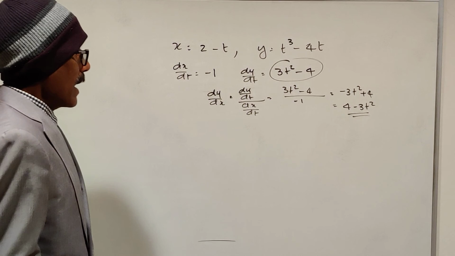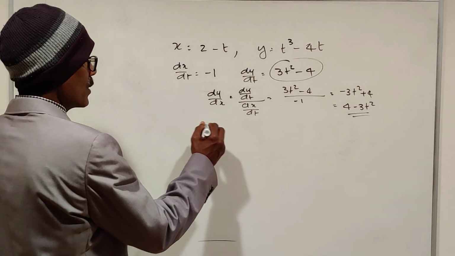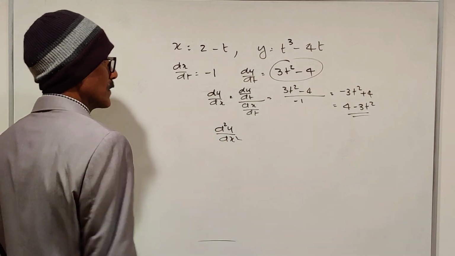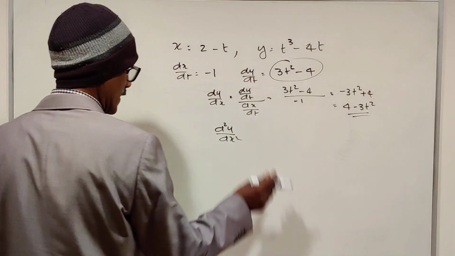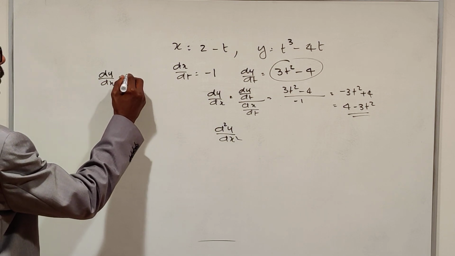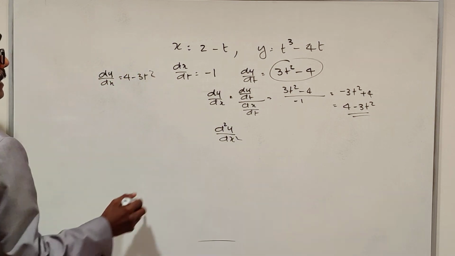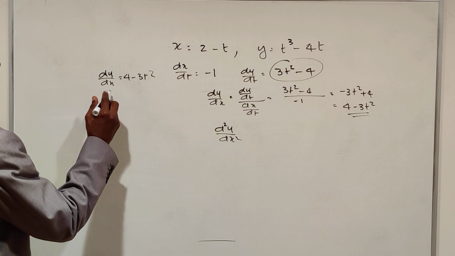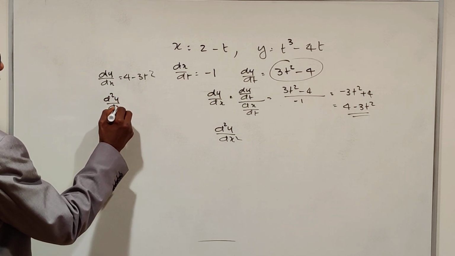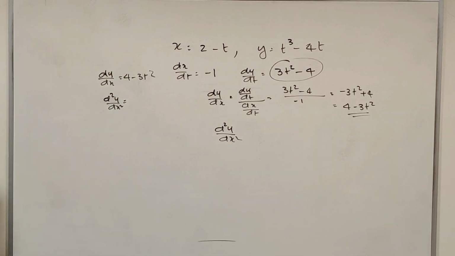Okay, I am going to ask you one question. How can you find d square y by dx square? See, this is dy by dx, and dy by dx is 4 minus 3t square, right? You need to find d square y by dx square from this. How can you do it?